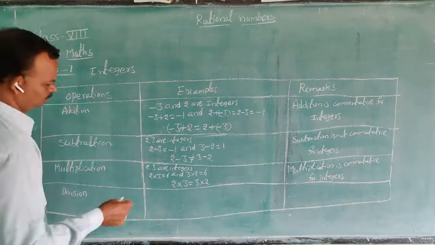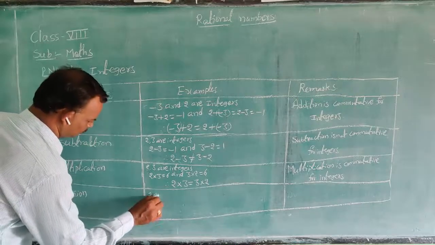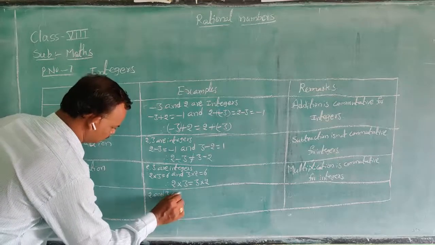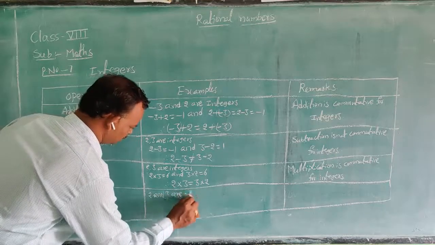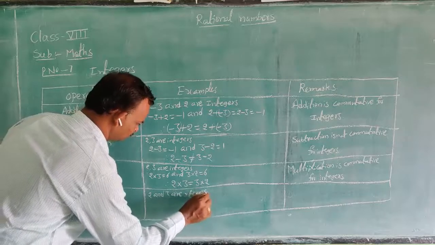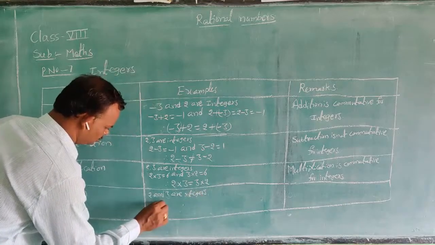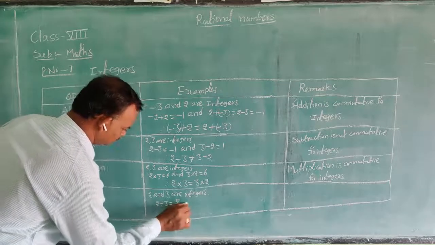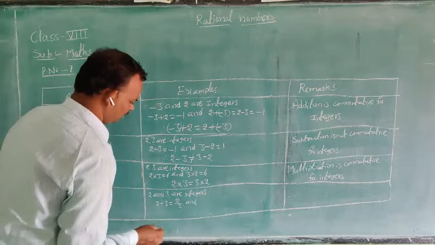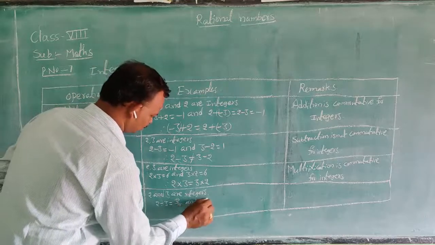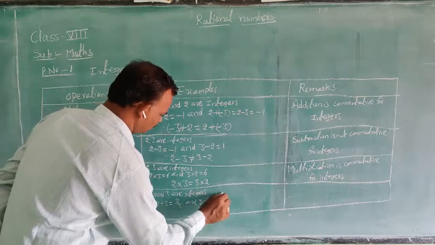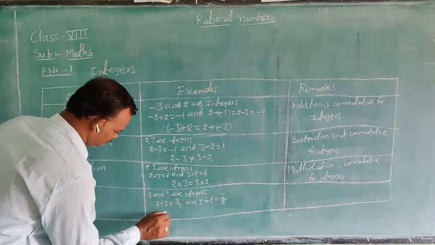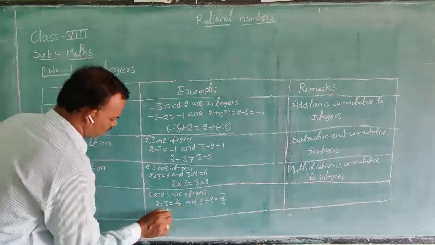Division. Two integers, 2 and 3. 2 by 3 and 3 by 2 are not equal.